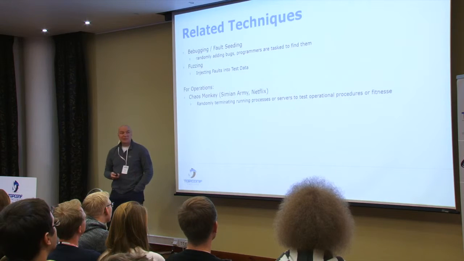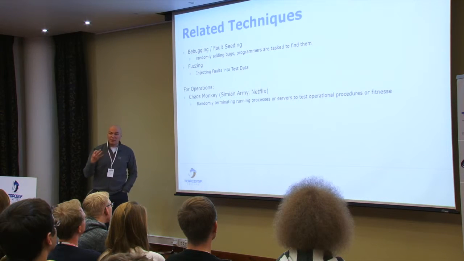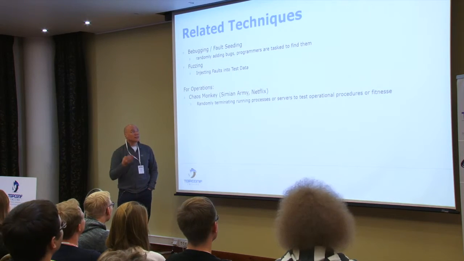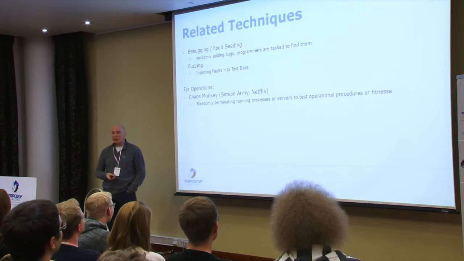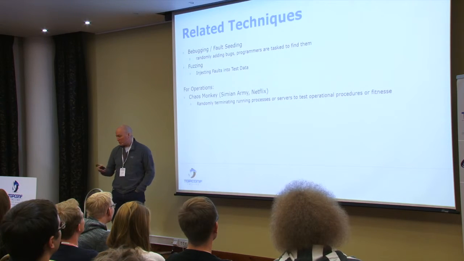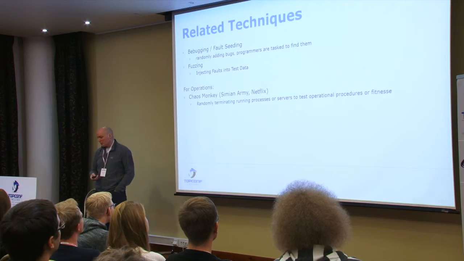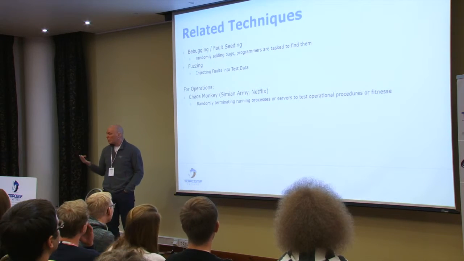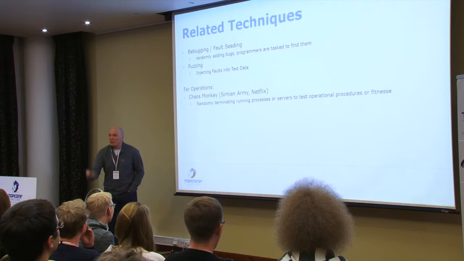Other related techniques: fault seeding is randomly adding bugs and seeing if the developers can find them. Fuzzing is injecting faults into test data and seeing how the test suite or the product reacts. For operations, there is something pretty similar, Chaos Monkey. Some of you probably know this one. It's like testing operational procedures.